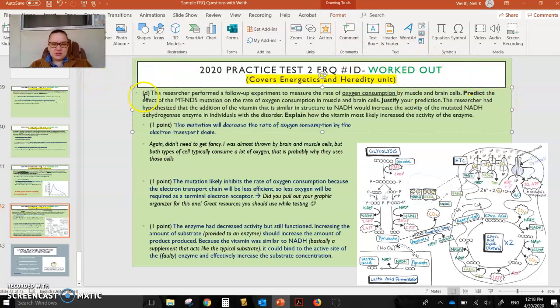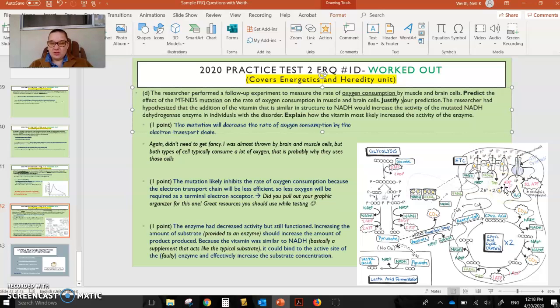So it says, predict the effect of the mitochondrial gene mutation on the rate of oxygen consumption in muscle and brain cells. If you don't have a properly functioning NADH dehydrogenase to do this arrow here and empty your electron carrier, you're not going to do the end part, right? So you're not consuming a lot of oxygen.